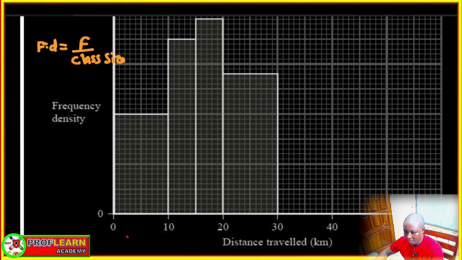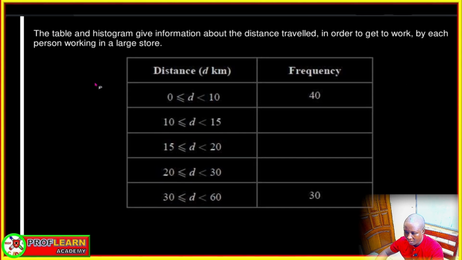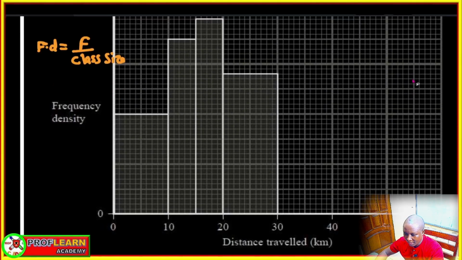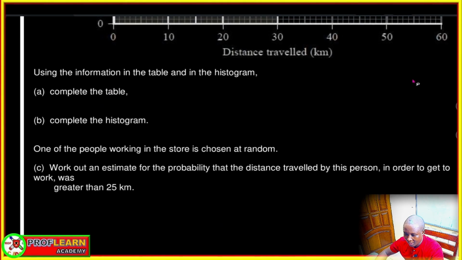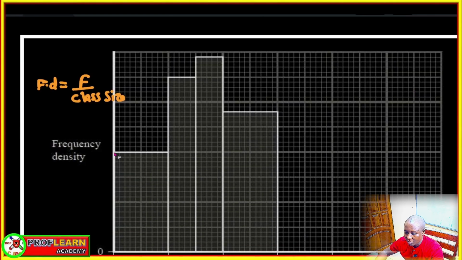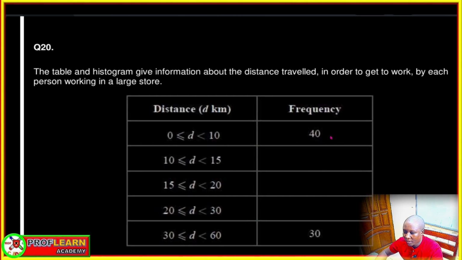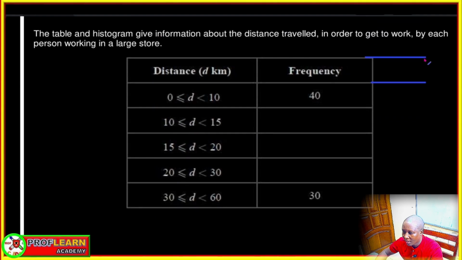For instance, the first one here, the class size is this distance here, which is 10. So if we have frequency as 40, then frequency density will be 40 divided by 10.